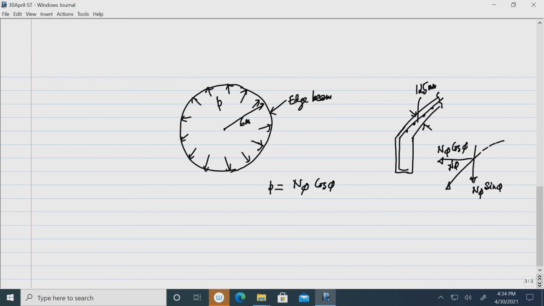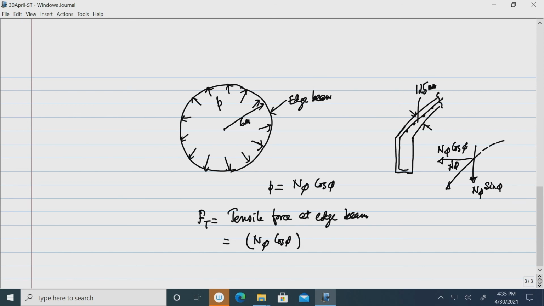So, now we can get this tensile force on the edge beam just like the hoop stress that you consider. The tensile force at the edge beam will be n phi cos phi into this radius.